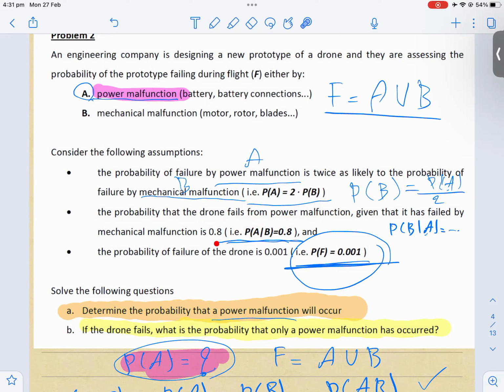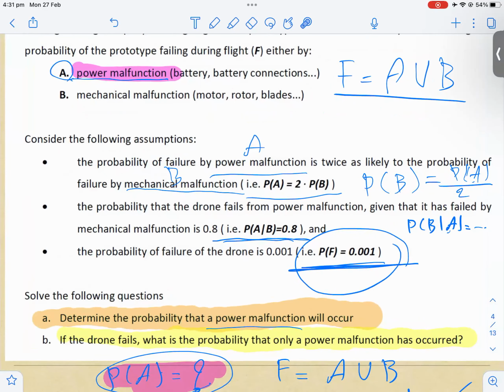It means the probability of the malfunction provided that the mechanical problem happened. So the conditional probability of A given B will be this one.